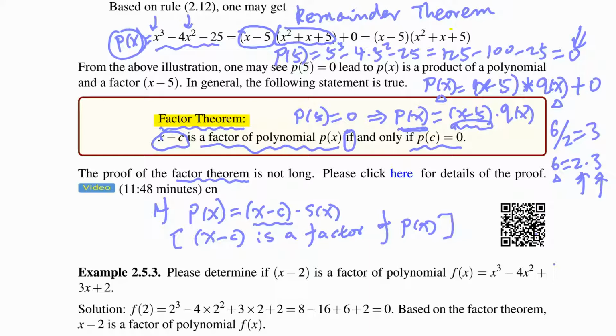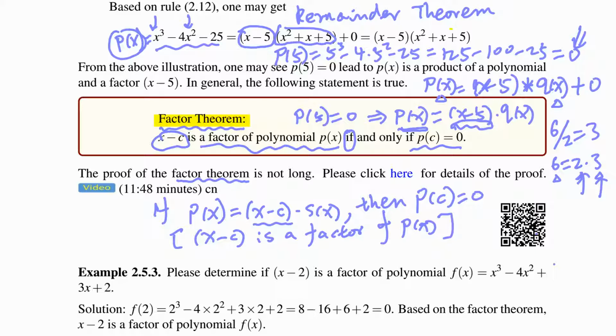It's like here, 6 equals 2 times 3, then 2 is a factor of 6. So is 3. So if p of x can be written in this way, what can you conclude? Then you can conclude p of c is 0. Why?